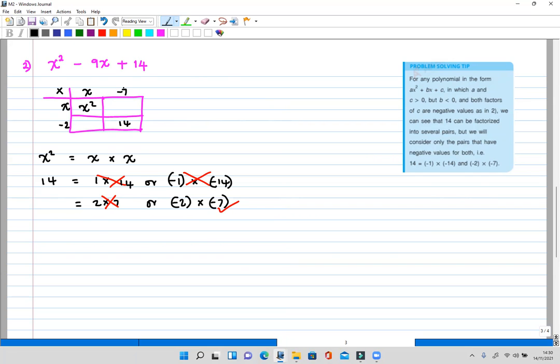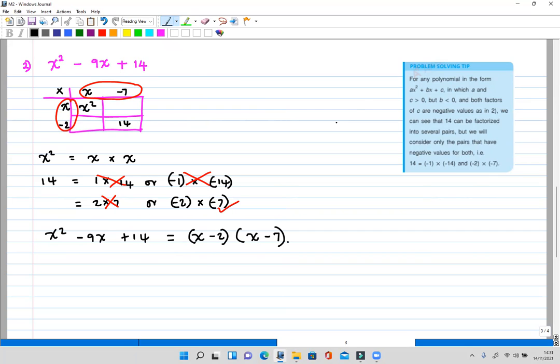Now, what is our answer? Remember, we are having x squared minus 9x plus 14. Now, this will be this part times this part. So that will be x minus 2 into x minus 7. Okay, I hope that is okay.